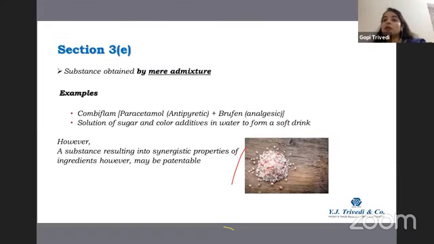Any mere admixture of known components, two or more, shall not be granted a patent. Meaning thereby, any recipe can also not be granted patent because they are considered a mere admixture of different ingredients.